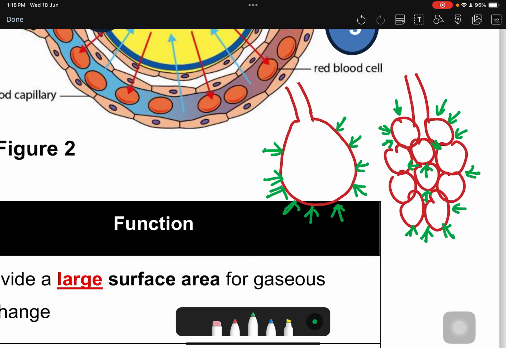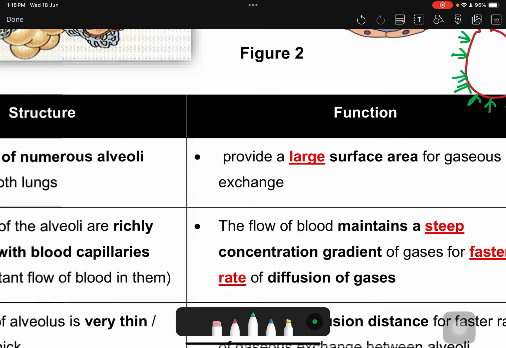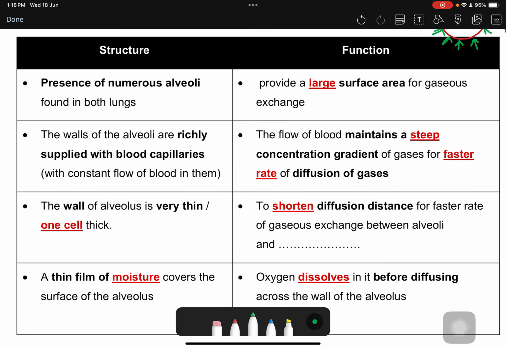So I hope you can visualize what I'm trying to illustrate over here for the first point of providing a large surface area for gaseous exchange.